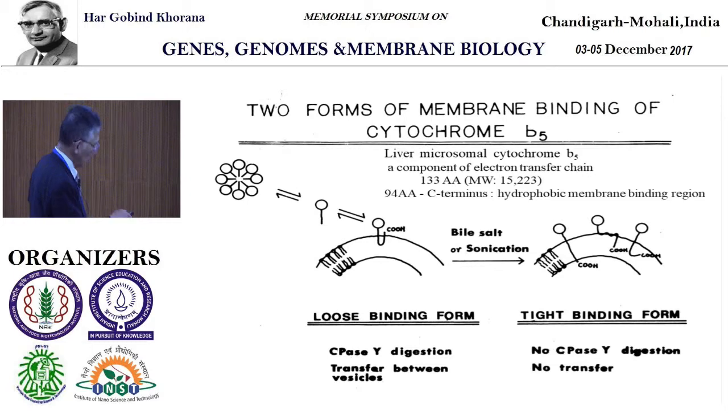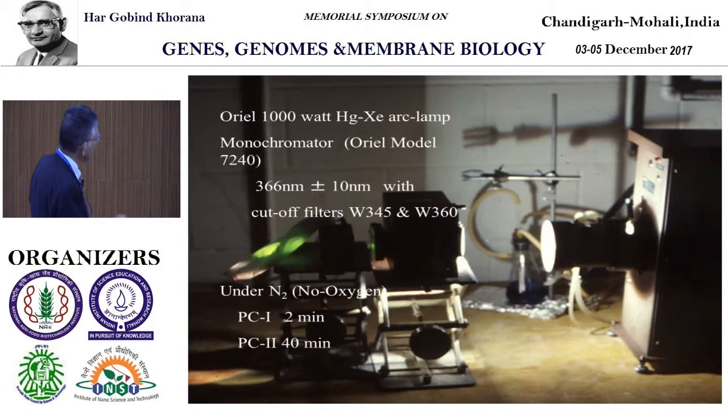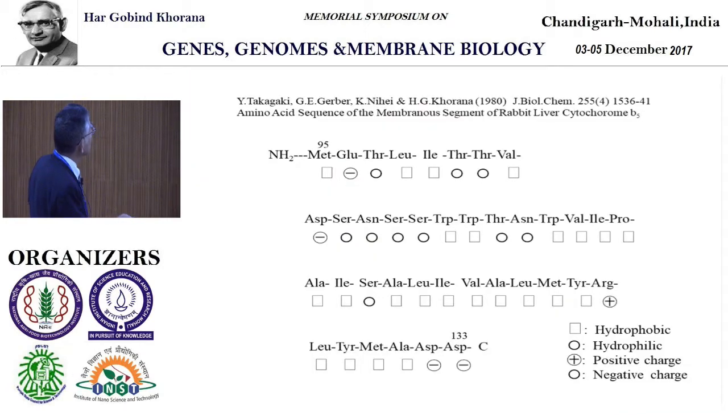So it's called the tight binding form. And this part is supposed to be the hydrophobic sequencing. Govind's second sequence project was sequencing of this hydrophobic region of Cytochrome B5, which was published in 1980.